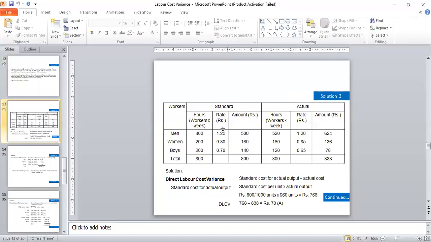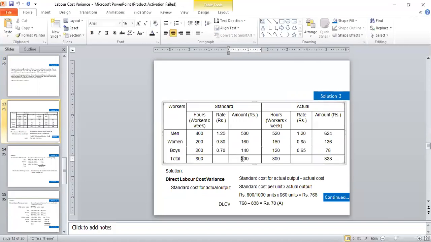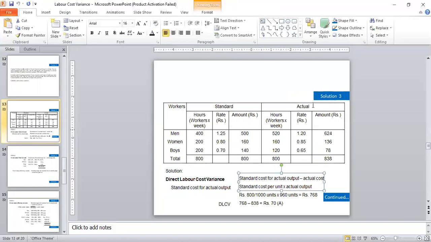Total standard cost for men is rupees 500, for women rupees 160, and for boys rupees 150. All three mixed, we have a total of 800 hours and 800 rupees cost. Same way, we have the actual figures for these three components of labor: men, women, and boys.